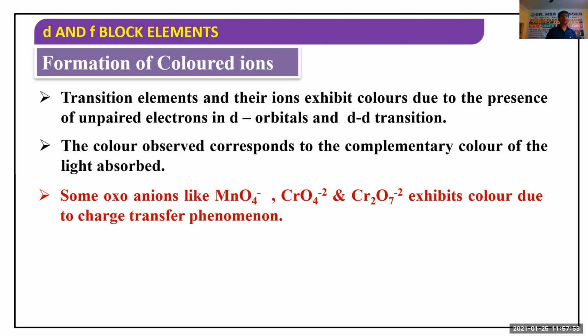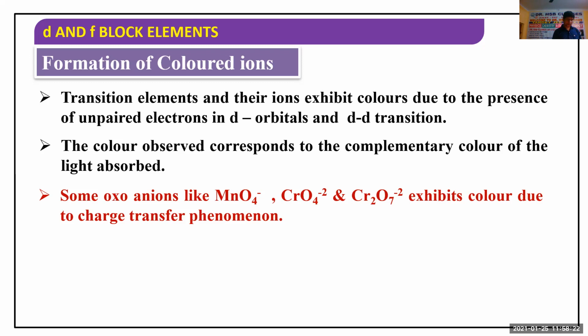Some oxo anions like manganate, permanganate MnO4 minus, chromate CrO4 2 minus, and dichromate Cr2O7 2 minus exhibit color due to the charge transfer phenomenon. Here, d-d transition does not occur, but charge transfer occurs from manganese to oxygen and oxygen to manganese.